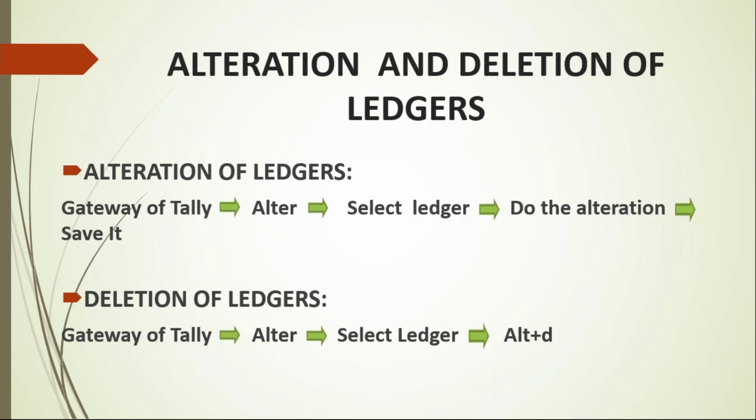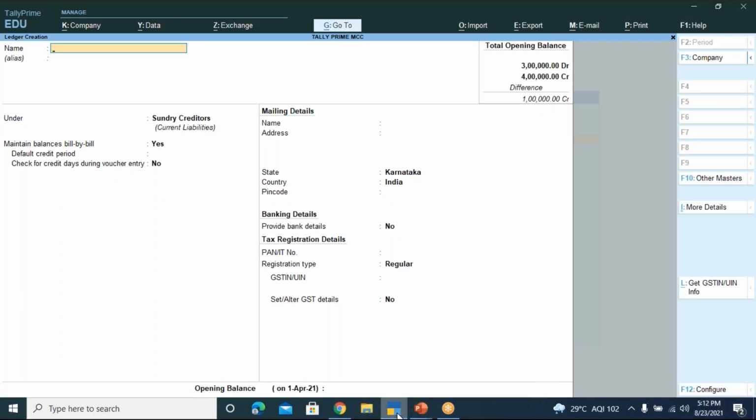It can be for a company, a ledger, a voucher, anything. So here, how are we going to alter the ledgers? Let's start altering the ledgers.